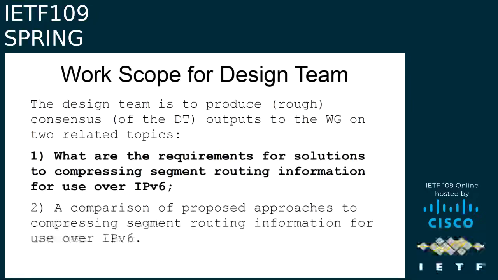The first topic is about the requirements for the solution to compress the segment routing information for use over IPv6. And the second topic is a comparison or analysis of proposed approaches to compressing segment routing information for use over IPv6. Next page.